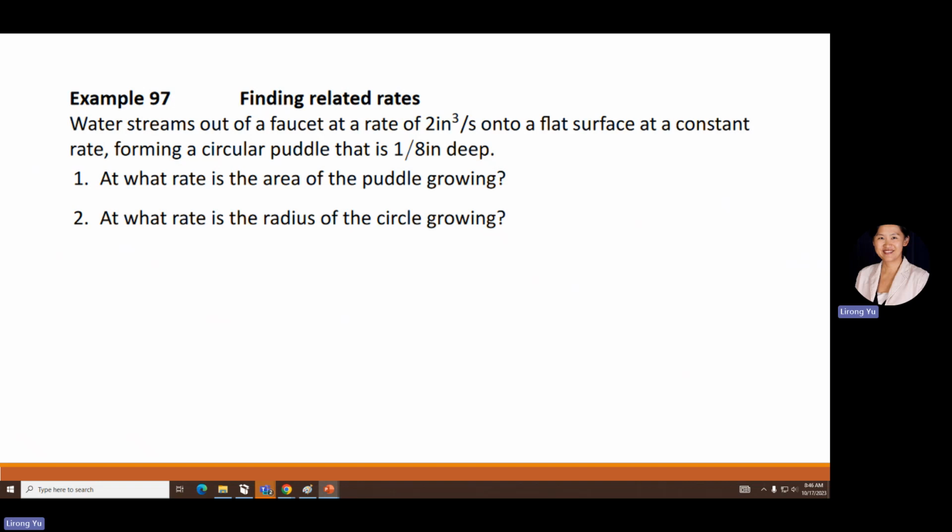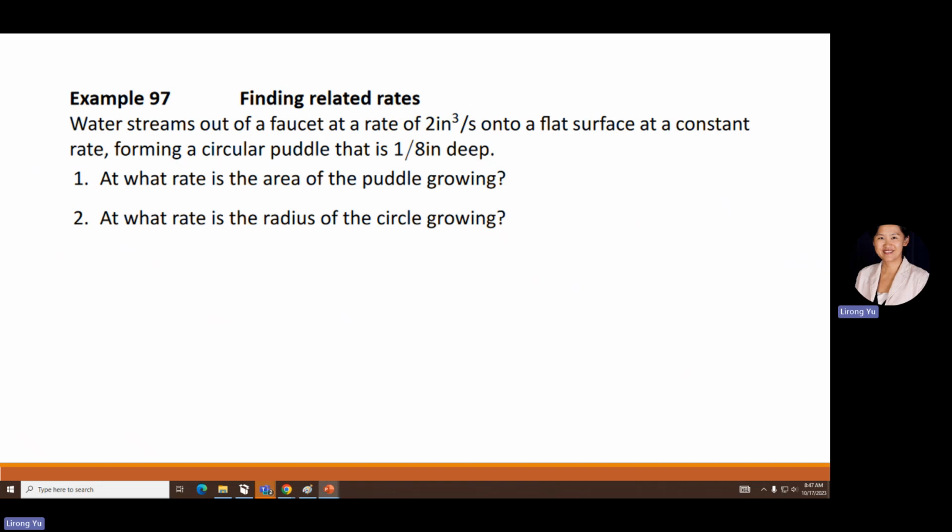That's the rate of change of the volume. And it's forming a circular puddle that's 1/8 inch deep. So that's the height of the puddle, which is a very small height. The puddle is circular, and we're assuming the height of the puddle is constant at 1/8 inch deep.